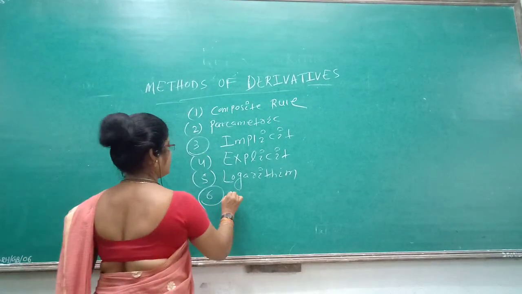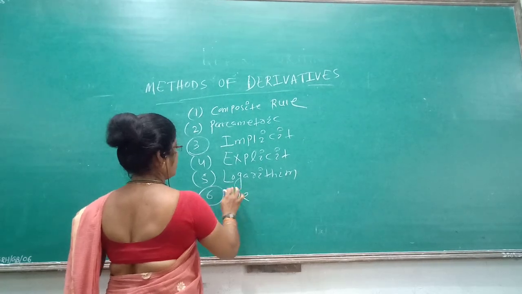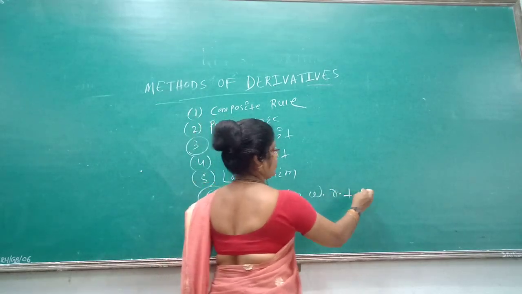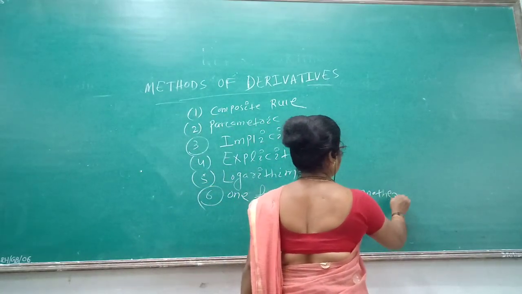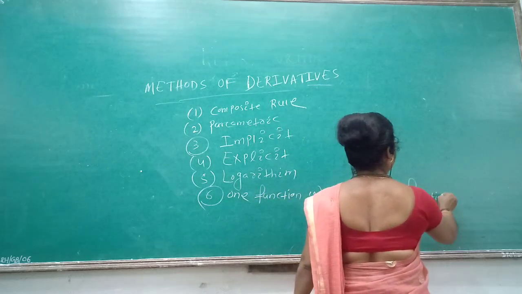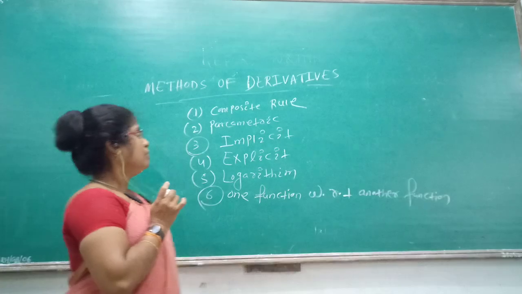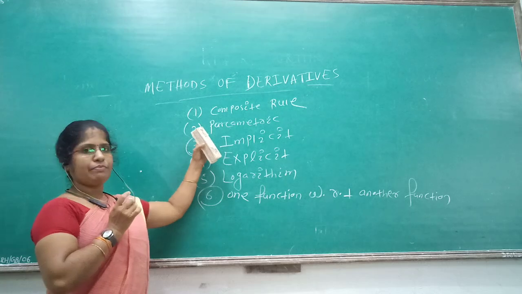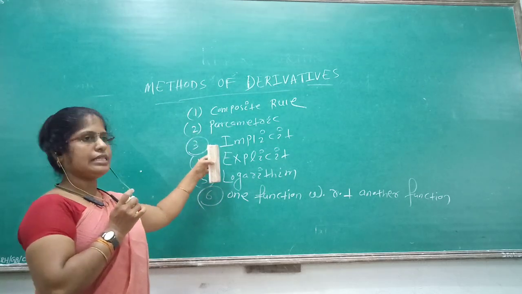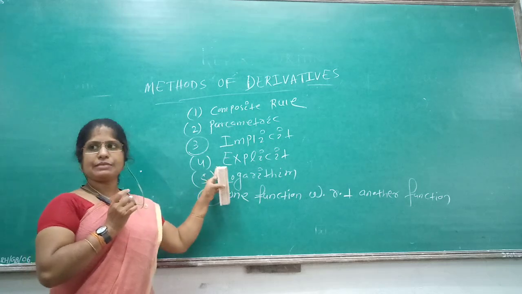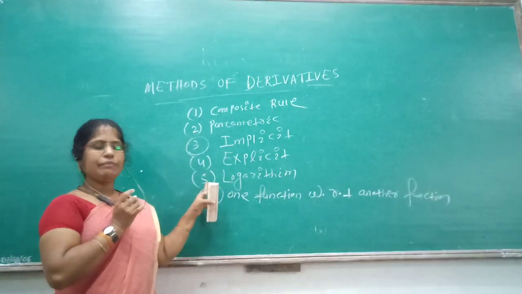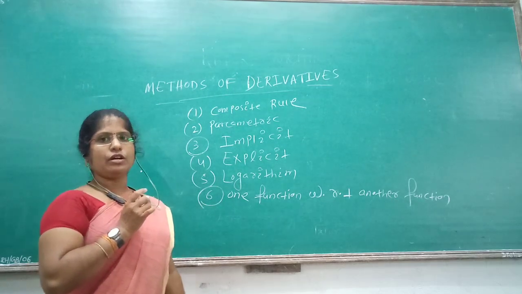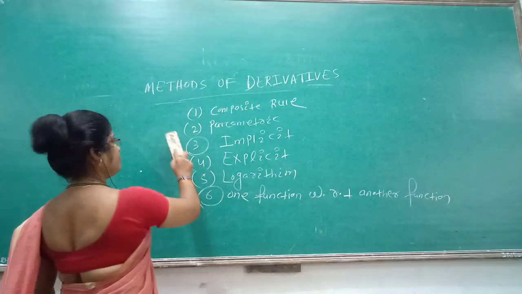Sixth is one function with respect to another function. Okay, various methods: first one is composite rule, next parametric, third implicit, fourth explicit, next logarithm, and last is how to calculate the derivative of one function with respect to another function.